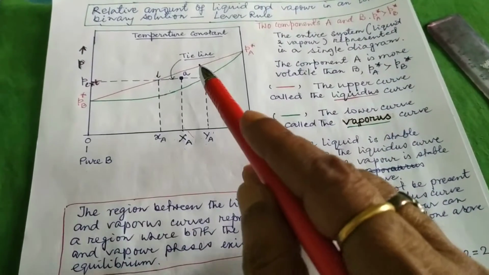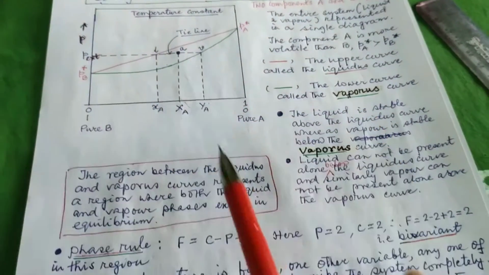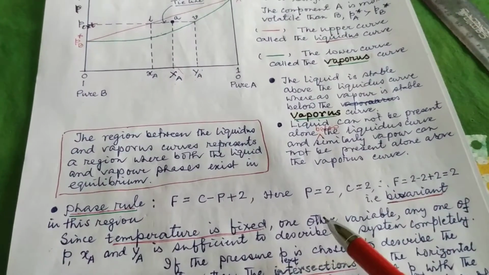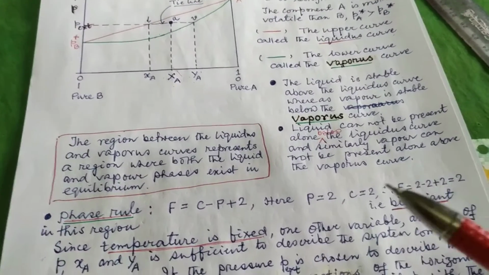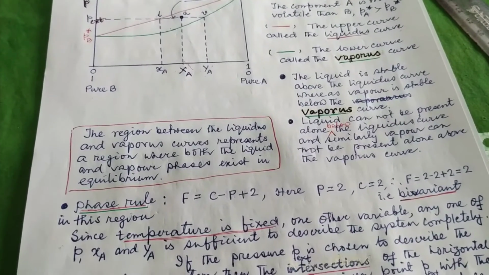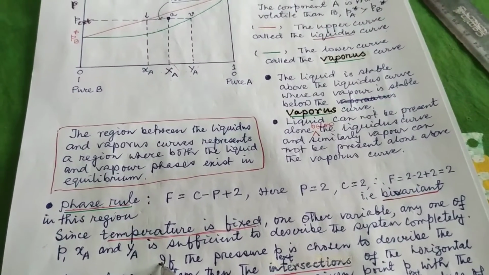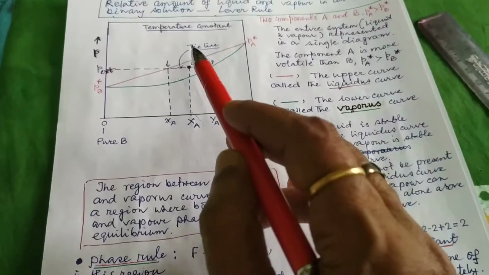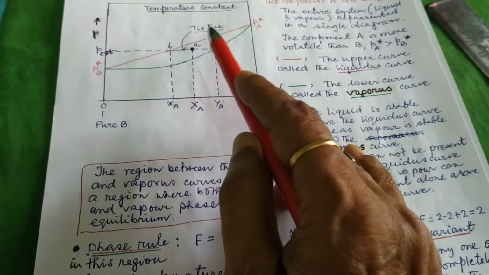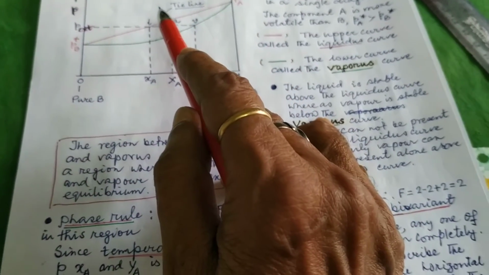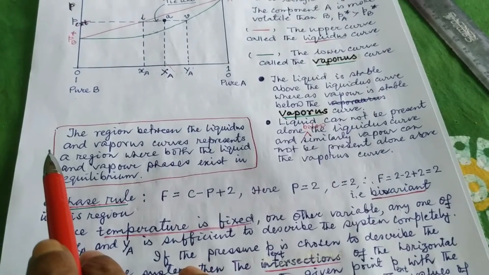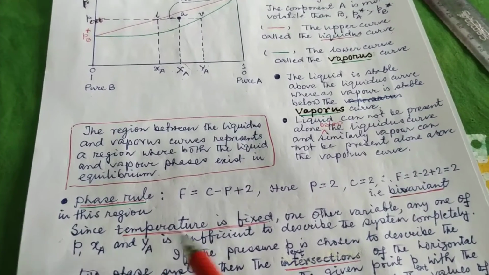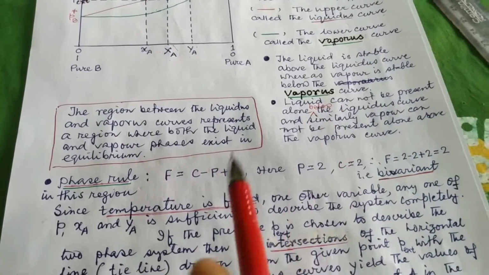Now, since temperature is fixed, any one of P, that is the pressure, Xa and Ya, is sufficient to describe the system completely. Since the temperature is constant here and it is a bivariant system, any one of P, Xa and Ya is sufficient to describe the system completely.